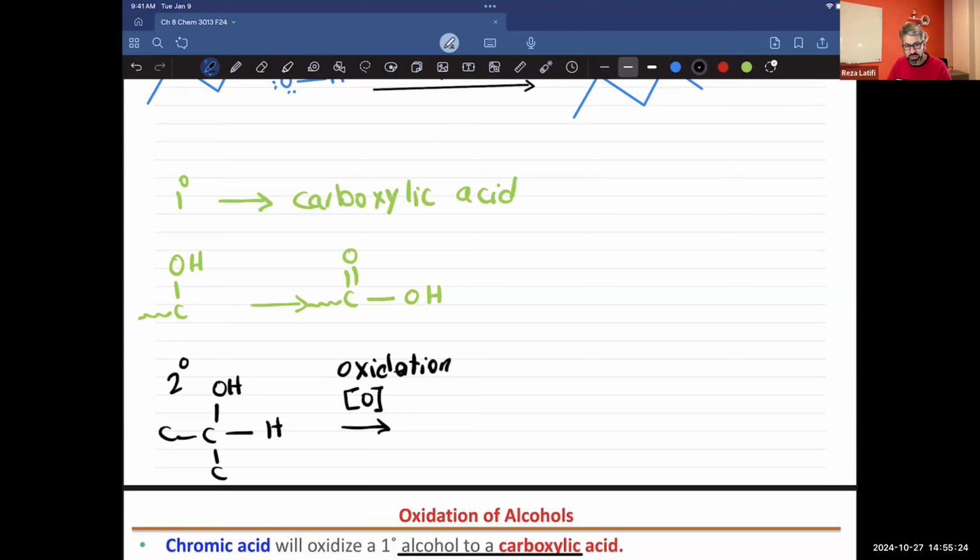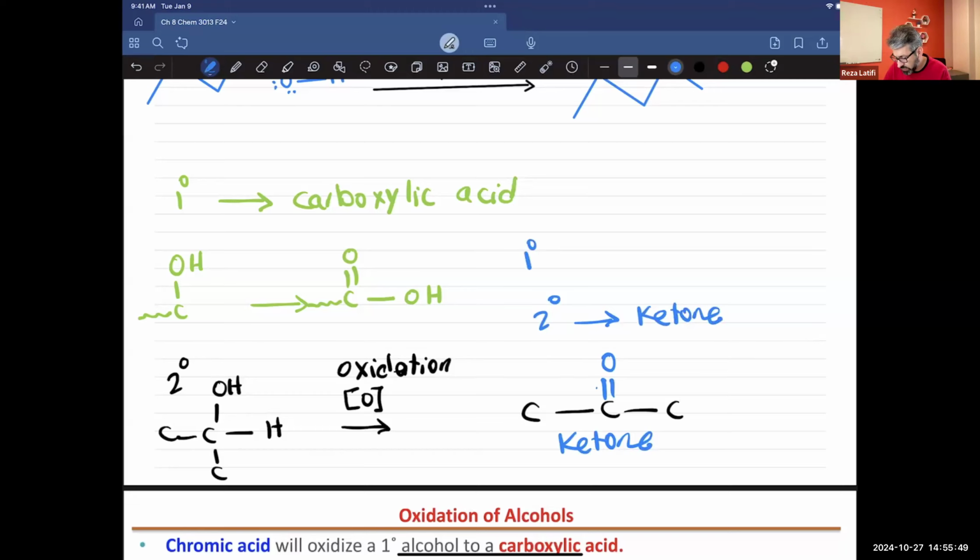So the oxidation is going to move forward only in one step, and we will get such a product. Just simply remove hydrogen from the system, and this gives us a ketone. So secondary alcohol will turn to ketone.